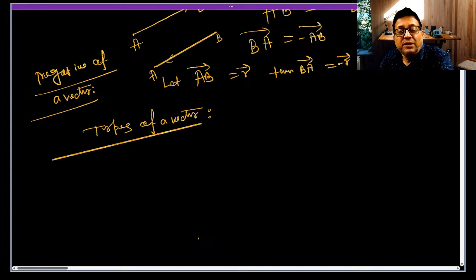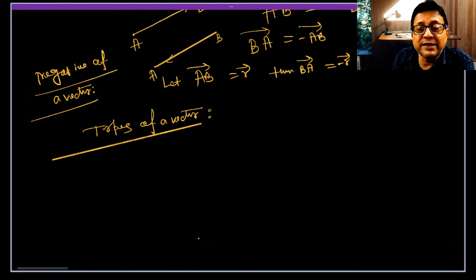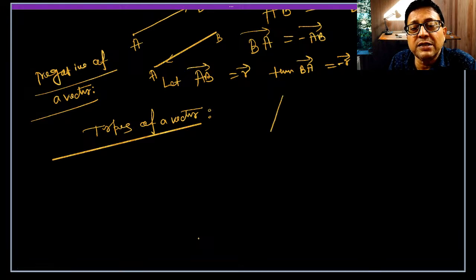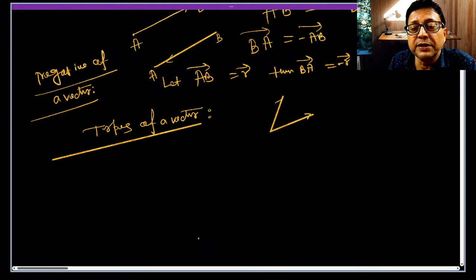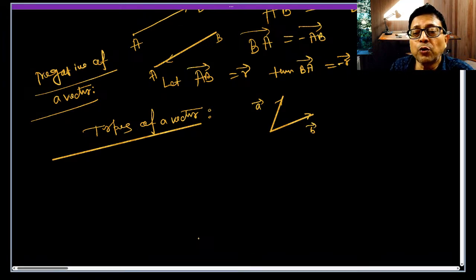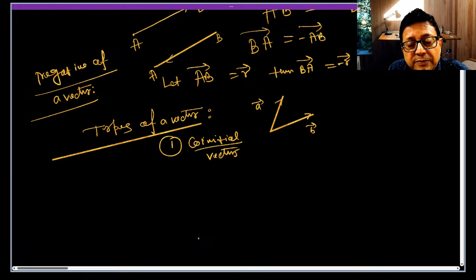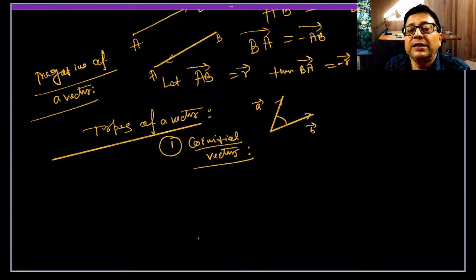So for types of vectors we will just state what are co-initial vectors, what are collinear vectors, and what are coplanar vectors. These two vectors, if we refer to them as A and B, they are called co-initial vectors. This is type 1. There is an angle between them, they are not coincident, they are starting from the same point.